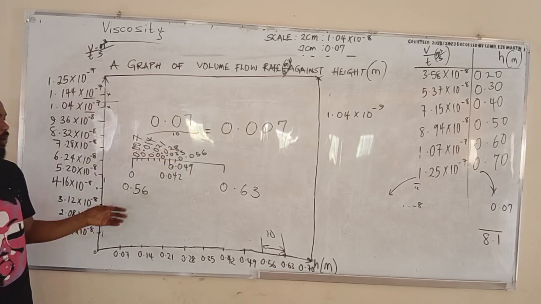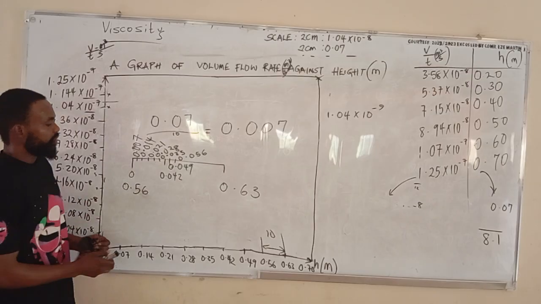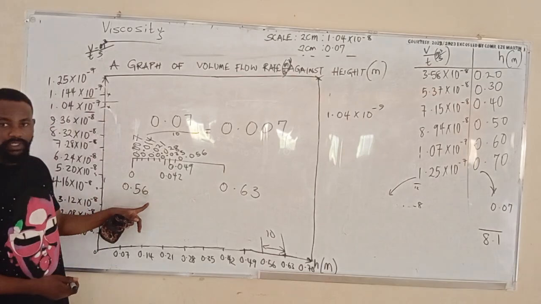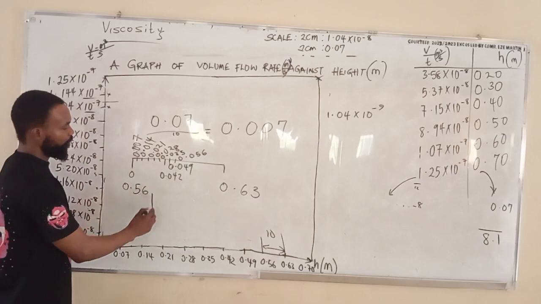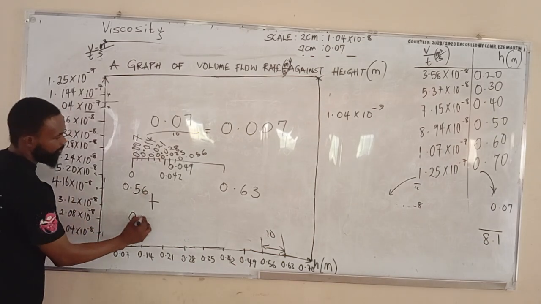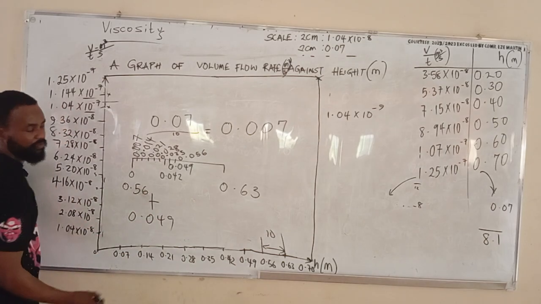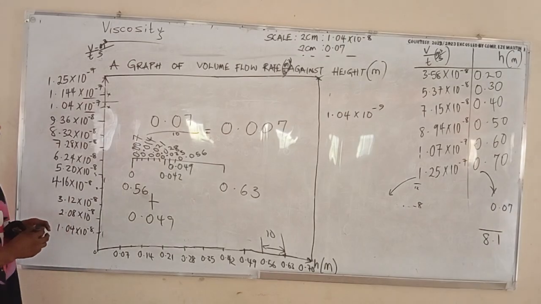Now, see what I want you to do for me. Do for me 0.56 plus 0.049. Let's see what you have. Let's check. 0.609. Yes. You see what you have?